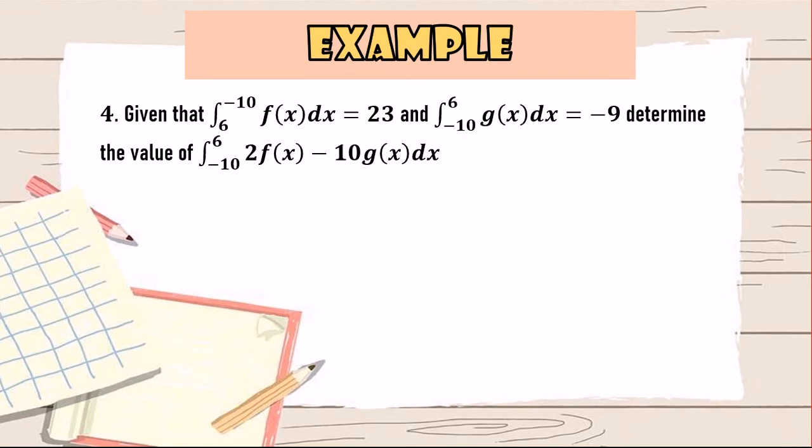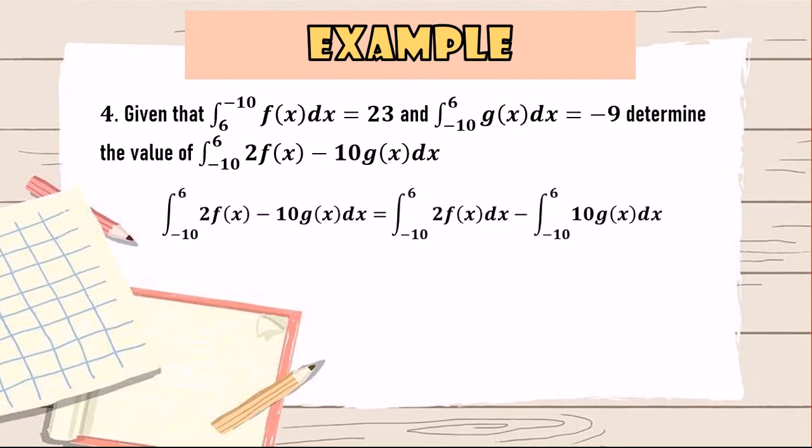We will first need to use the fourth property to break up the integral, since there are two functions, and then use the third property to factor out the constants 2 and 10.